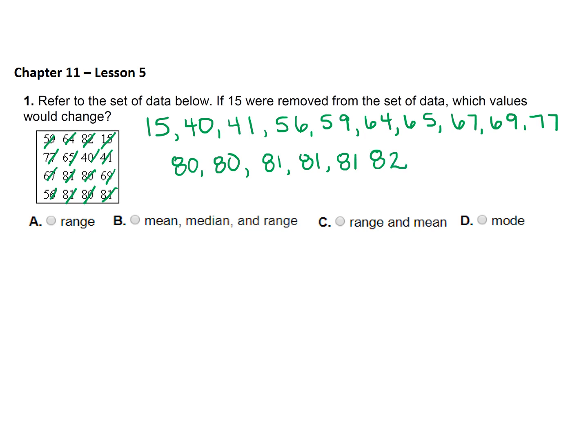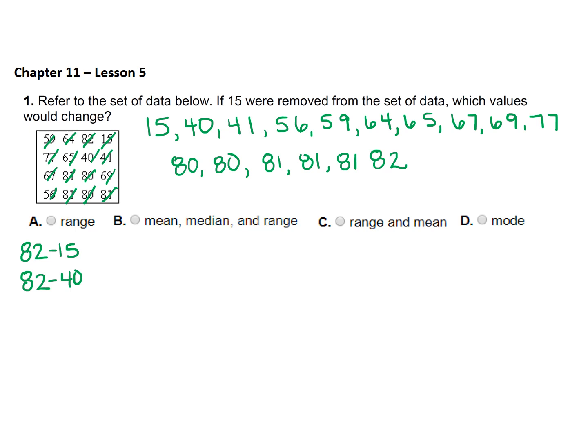All right, so the range is definitely going to change, because with 15, the range is 82 take away 15. Without 15, the range is 82 take away 40.